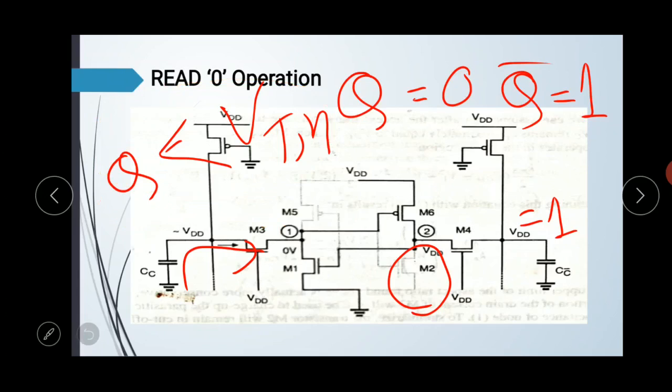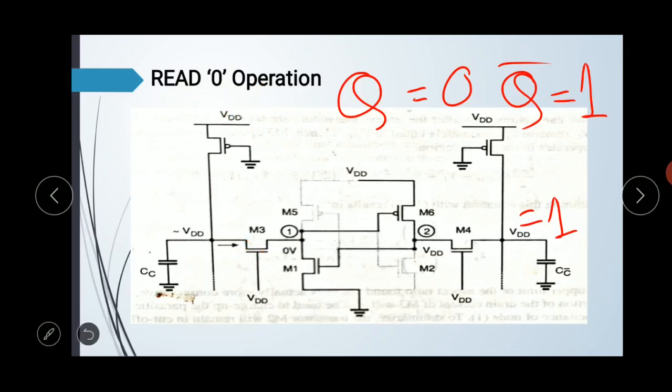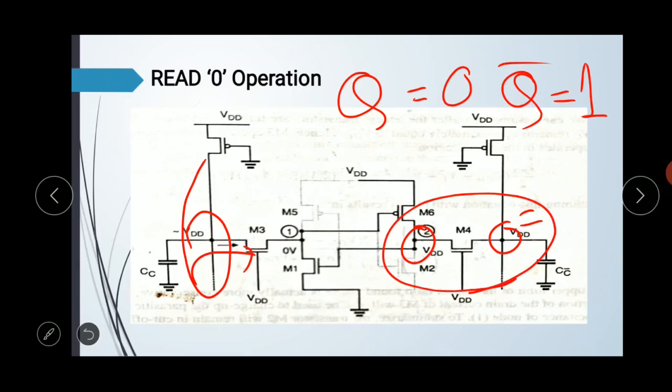When the capacitor starts to discharge, the value of this column starts to decrease. But this node is at logic 1 level, and this node, the Q bar node, is also at logic high level, so there is no change.